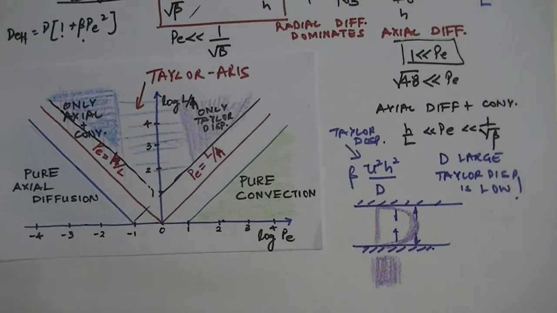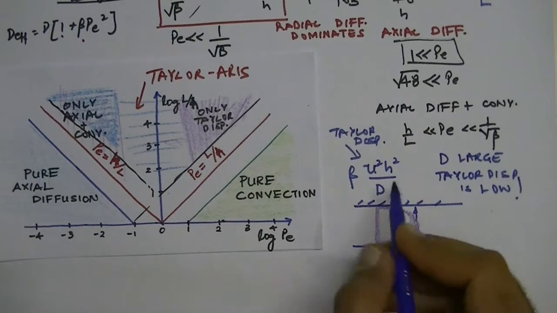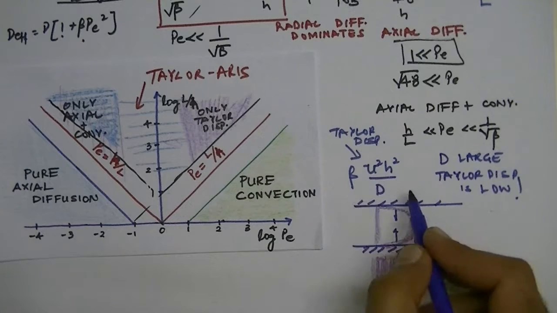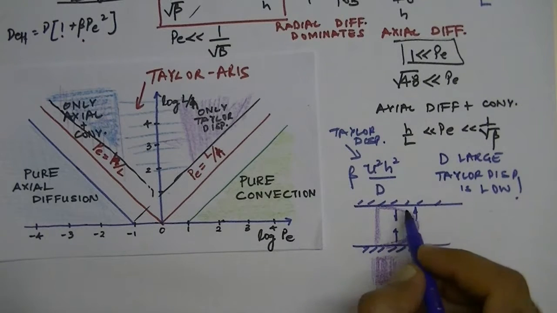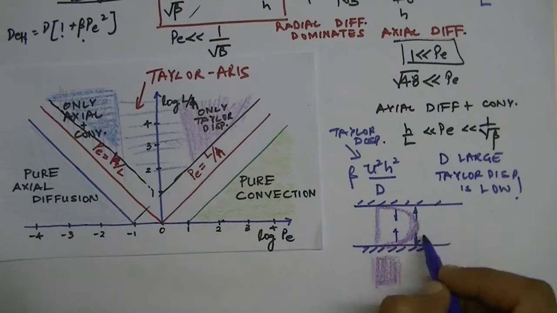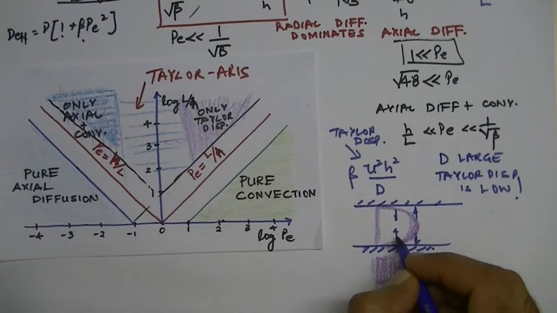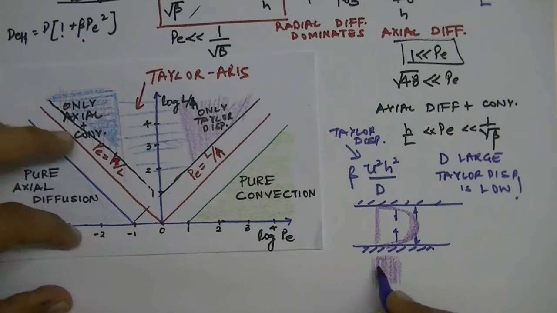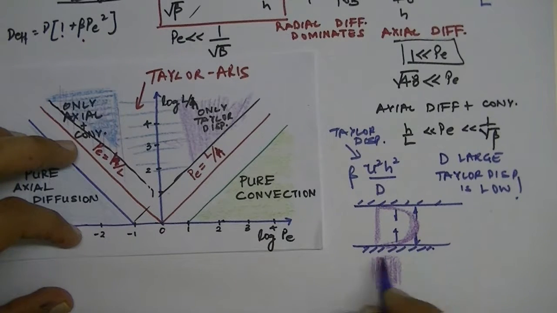And it has nothing to do with the axial diffusion. Now we see that if the diffusion is high, then even for small distortion of this band, you will have quick diffusion in the radial direction. So you would attain this band with uniform concentration in the vertical direction.